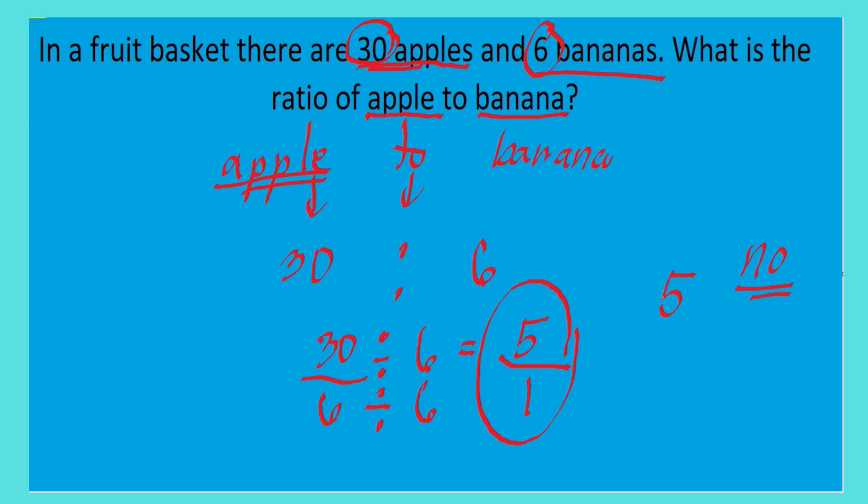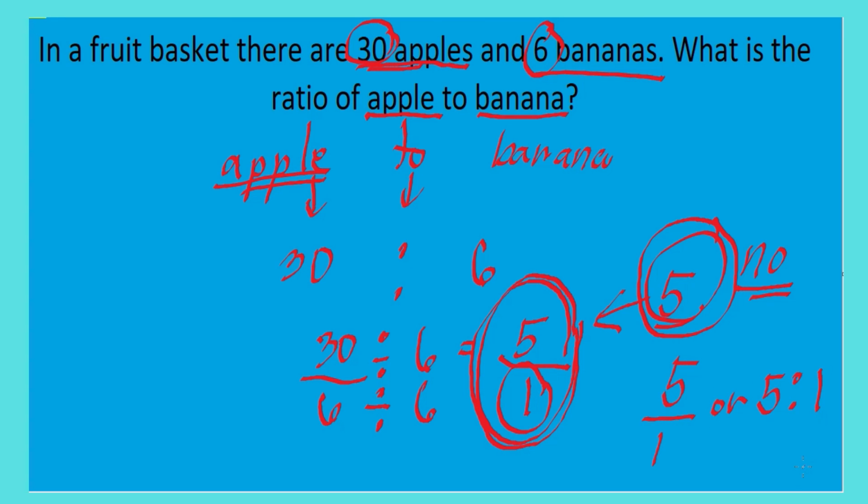If you are just going to write 5, that is only one number. Ratio is a comparison of two numbers. So you cannot take out this 1. You cannot write the answer as 5. The answer should be 5 over 1, or, in the column form, 5 to 1. You're getting me? Alright.